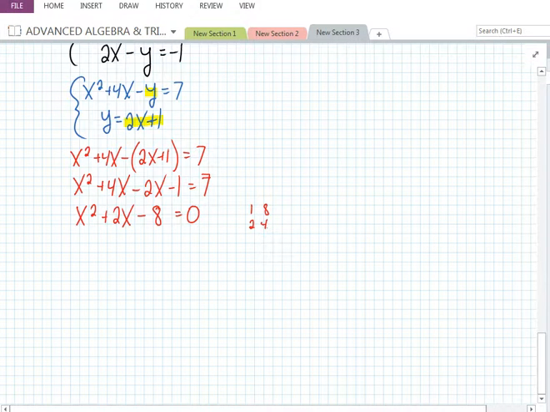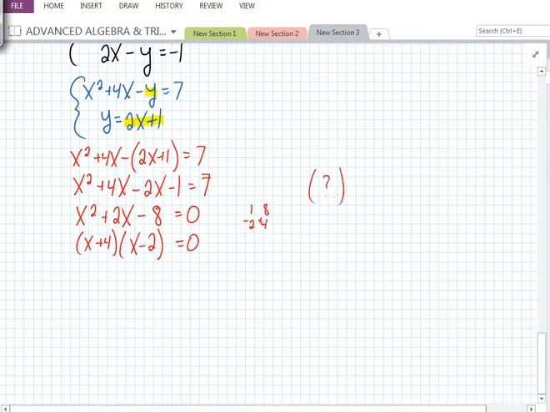Now, how do we know what combination to use? Well, they need to add to give us +2. So what we're looking at is +4 and -2. So that tells us that this factors into x plus 4 times x minus 2, and that's equal to 0. Now we fall back on an idea called the zero product property. The zero product property simply states this.